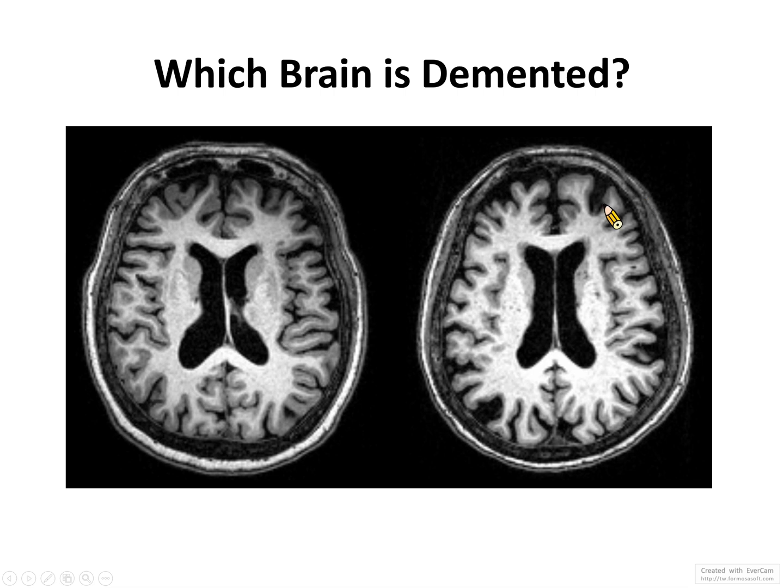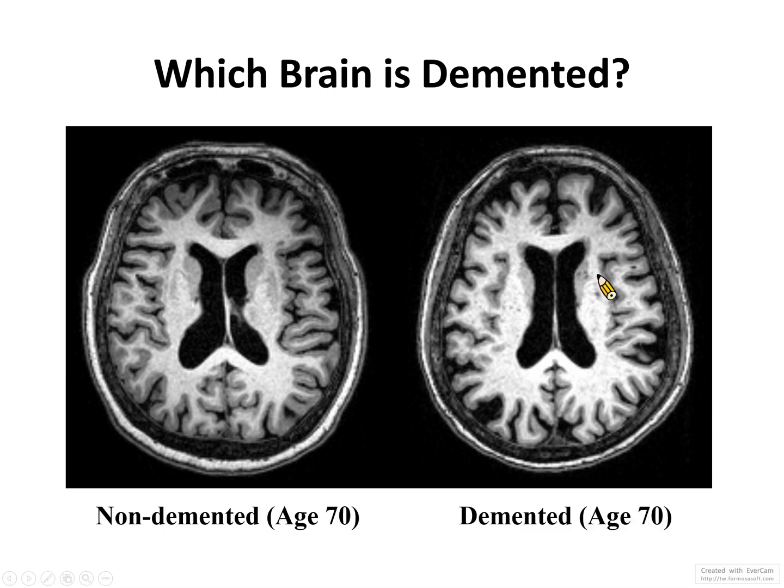In older age, there is brain atrophy associated with the aging process. That is normal aging. But can we judge whether this atrophy is because of the disease or normal aging? It is not very easy.